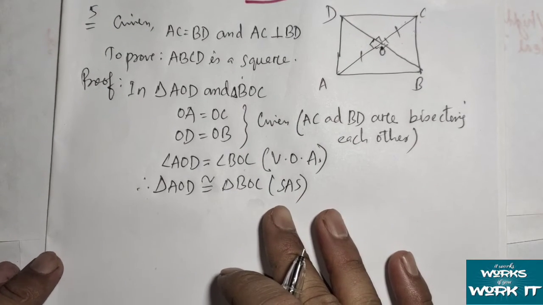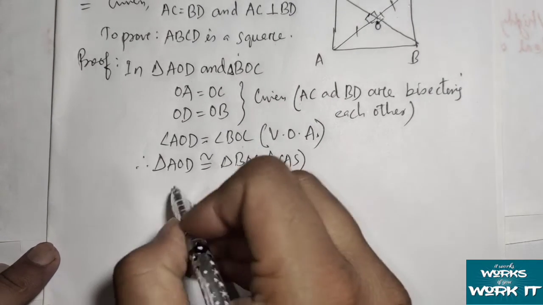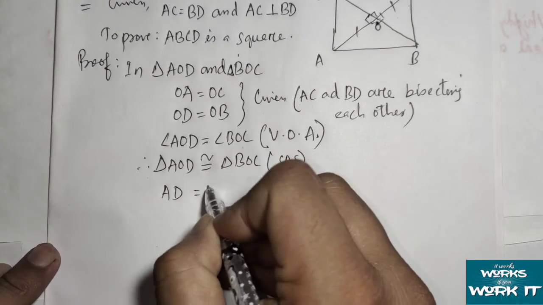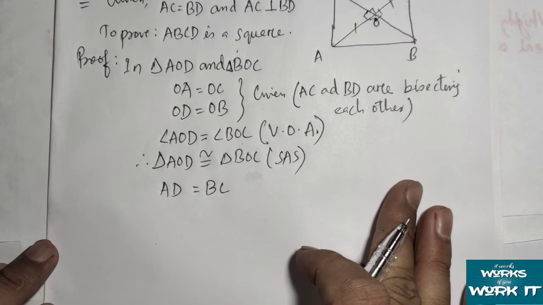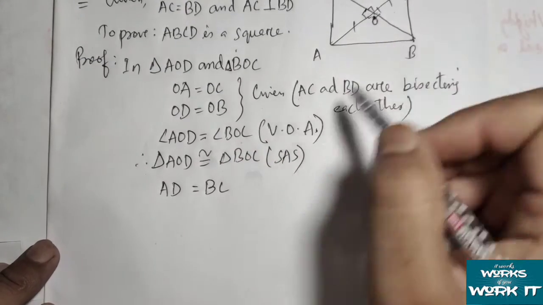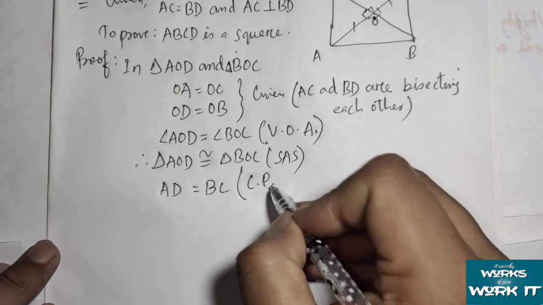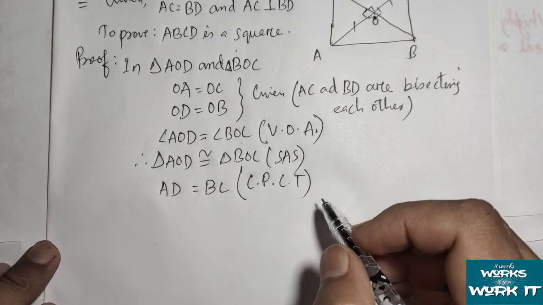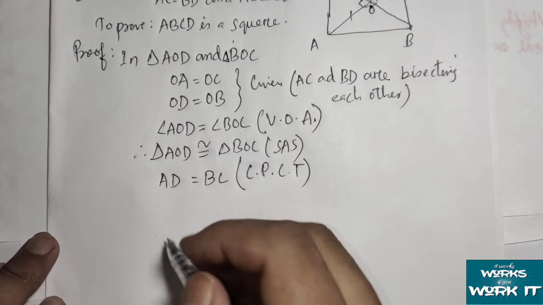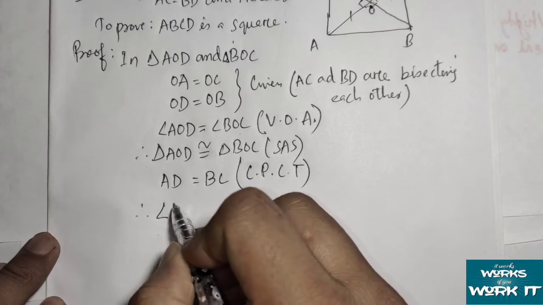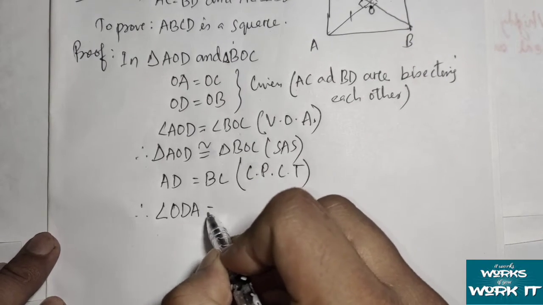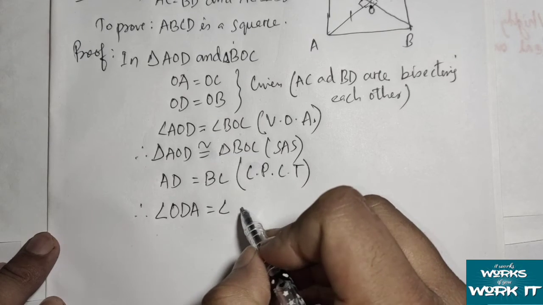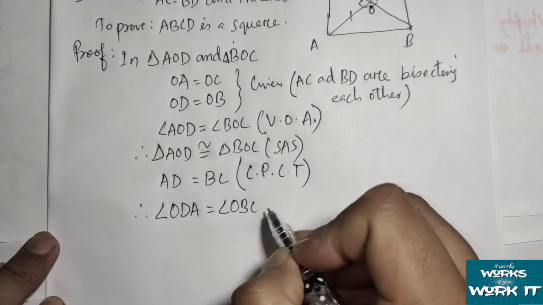Now using this, we can write AD is equal to BC. What property can we write here? Due to CPCT, corresponding parts of congruent triangles. And also we can write that angle ODA is equal to angle OBC.